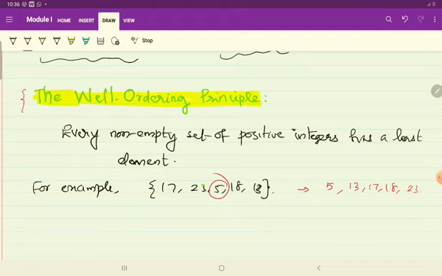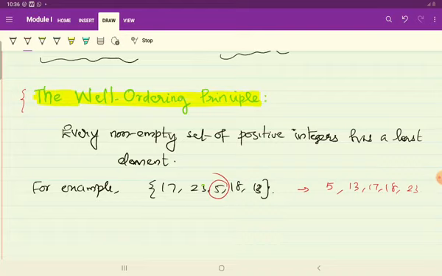So mainly we have discussed two tools: one is the well ordering principle and another is the principle of mathematical induction. We have just mentioned the principle of mathematical induction; in later videos we will discuss it in detail.